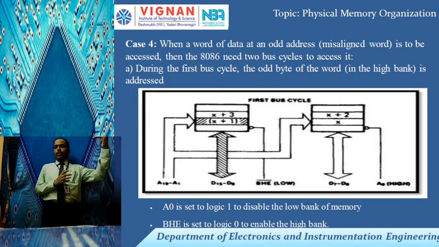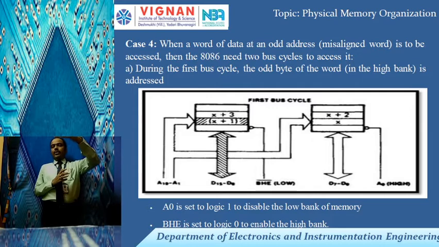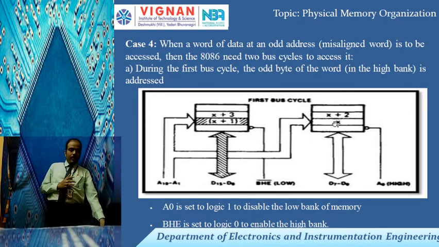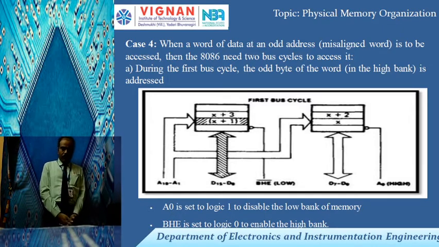In 1234, 34 is stored at the odd bank, that is x plus 1, and 12, the higher byte, is stored at the next even bank, that is x plus 2.